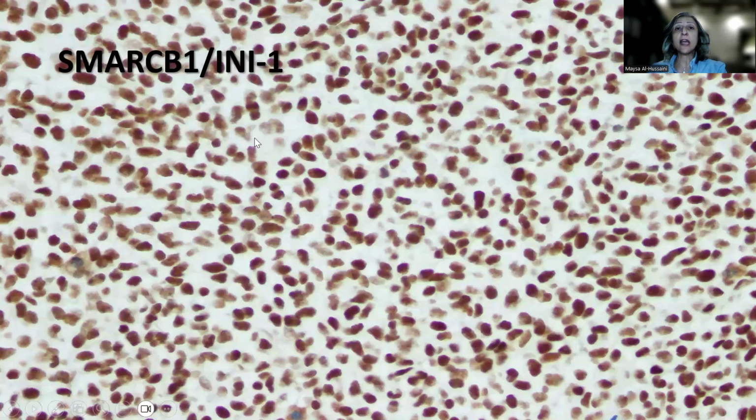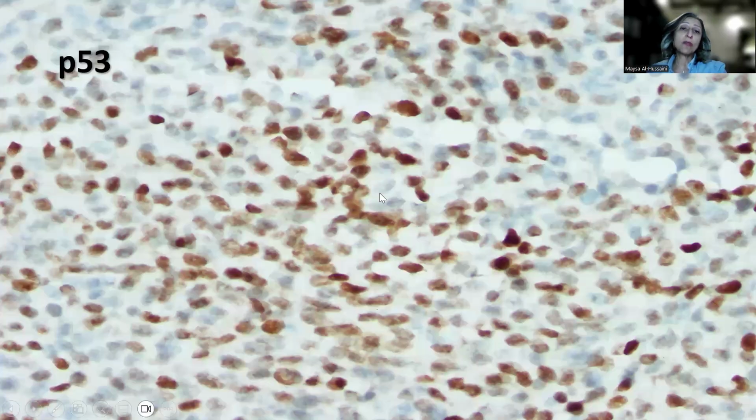Because of the differential diagnosis of rhabdoid tumor at the first instance, I did the INI1 or SMARCB1 immunohistochemistry, and there is retention of the nuclear stain, and the p53 only showed the mosaic staining pattern consistent with wild type staining pattern.